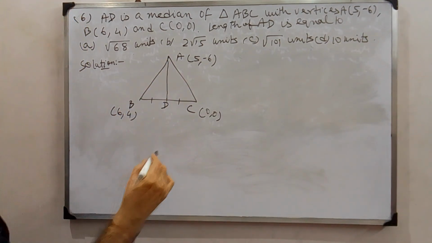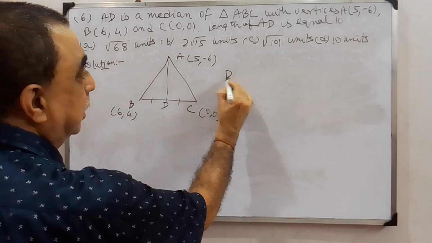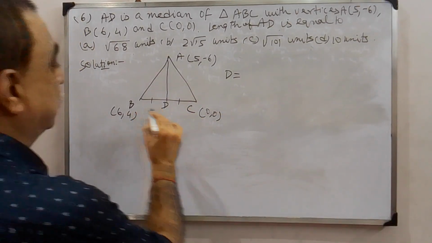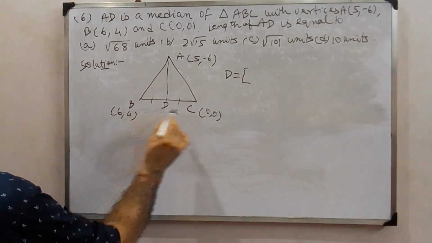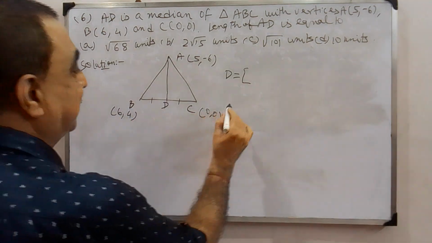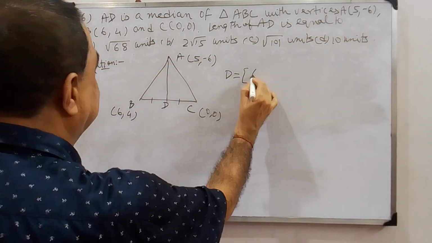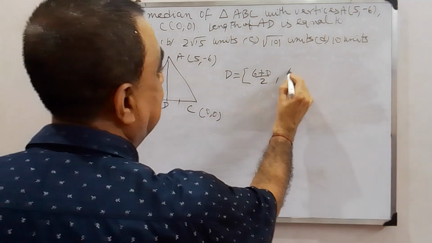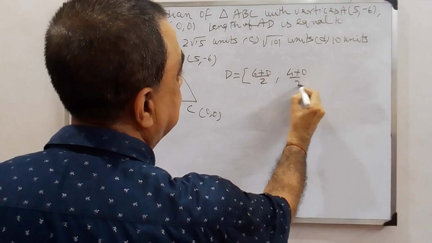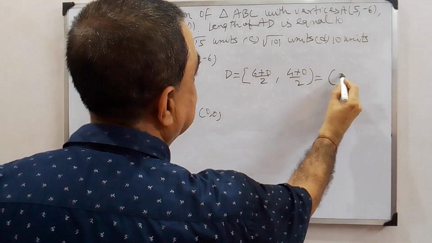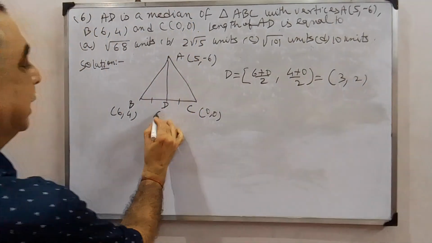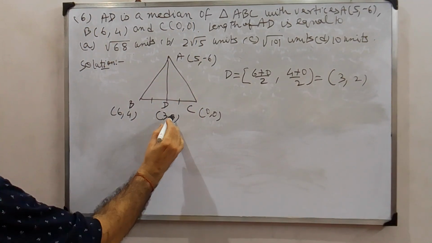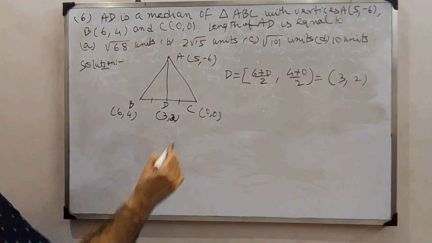The coordinates of D: for the x coordinate, add 6 and 0 divided by 2, and for the y coordinate add and divide by 2. So we are getting the coordinates of D as (3, 2).